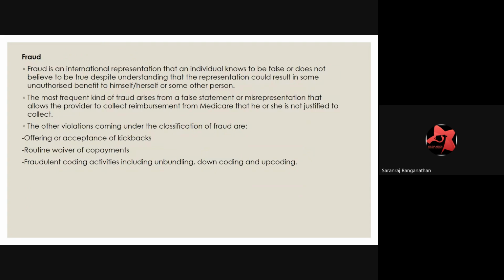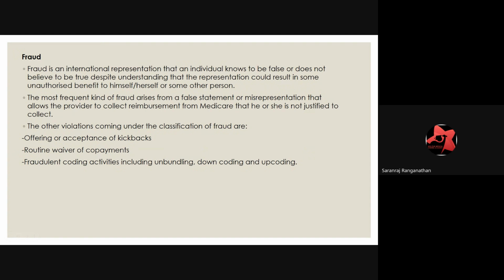Then fraud. Fraud is an intentional representation that an individual knows to be false or does not believe to be true, despite understanding that the representation could result in some unauthorized benefit to himself or herself or some other person. We know what fraud is, that explanation they have given. The most frequent kind of fraud arises from a false statement or misrepresentation that allows the provider to collect reimbursement from Medicare that he or she is not justified to collect.